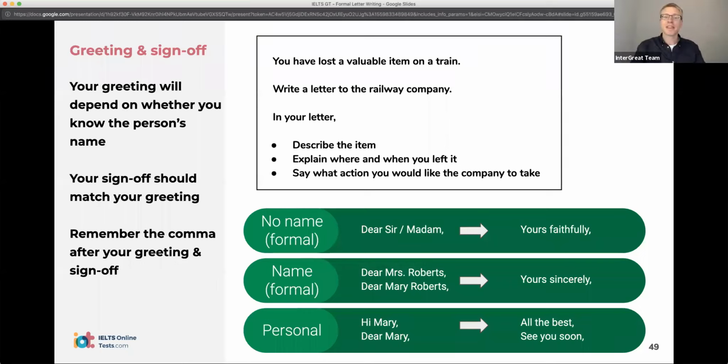Idioms tend to be quite informal, so that's going to depend on the style of letter that you're writing. Formal letters don't tend to use idioms or expressions like that. They tend to use a lot of Latin words, a lot of long words. But if you were writing to a friend, then colloquialisms and idioms would be great.